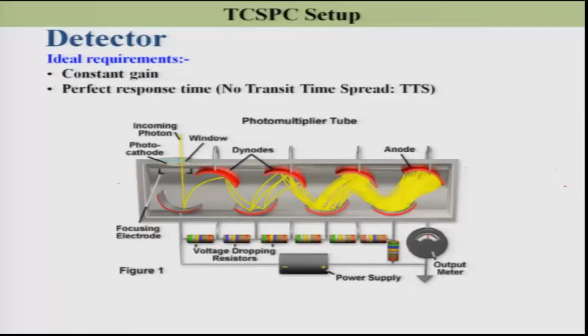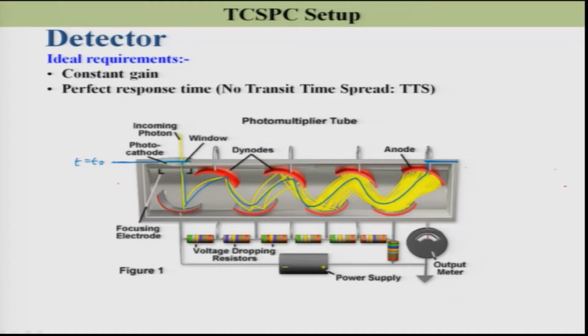To do that, let me consider that the photon interacts with the photocathode at time t equal to t 0. The whole process starting from here, all this electron multiplication, this complete process, obviously is not instantaneous.